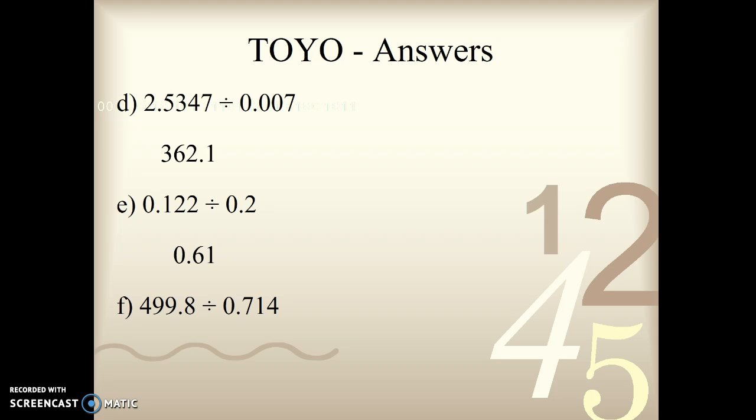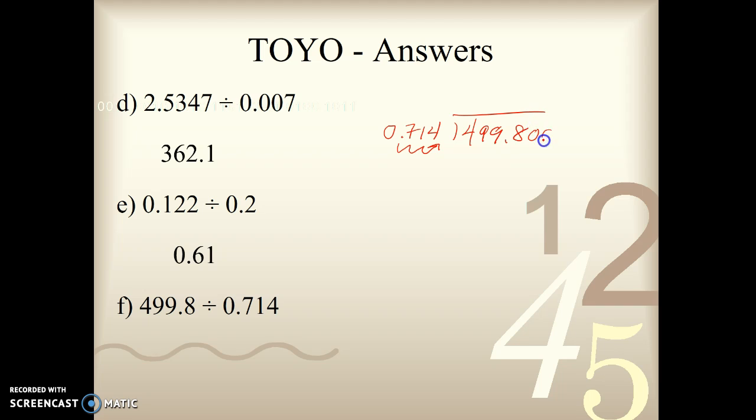All right, on letter F we have 499.8 divided by 0.714. Whew! All right, well, we're going to need to move this decimal place over 3 places in the divisor.